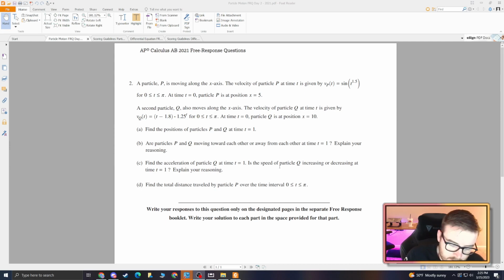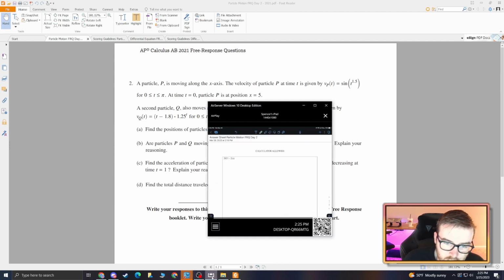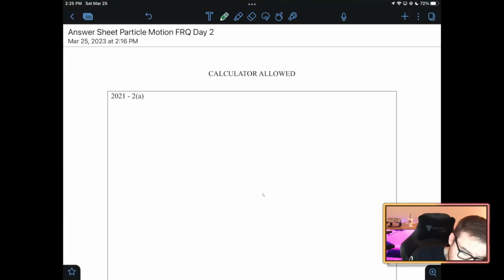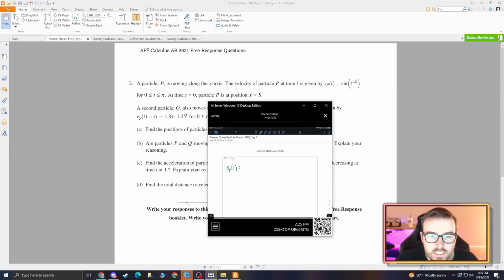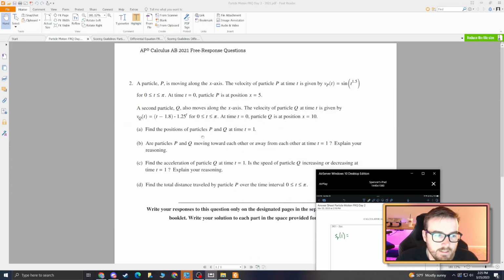Let's do position as s of p. Oftentimes s is position, sometimes x is used as position, but I'm going to use an s. So s subscript p of 1, right? Because they're asking for what is the position after 1 second.